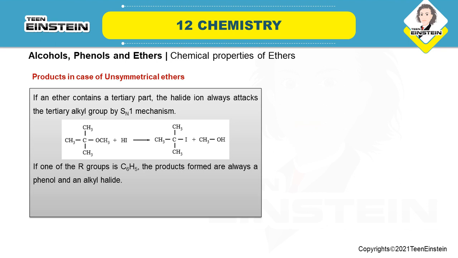Some more points under this heading, that is, products in case of unsymmetrical ether. If an ether contains a tertiary group, now what will happen? Now the halide ion always attacks the tertiary alkyl group, and it is by SN1 mechanism. We know that for SN1 mechanism, a 3 degree alkyl halide is best, though here it is not a 3 degree alkyl halide, but this OCH3 will behave as the leaving group.